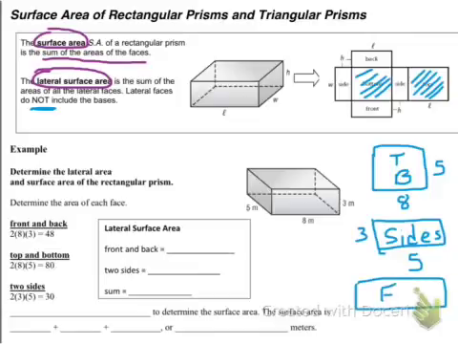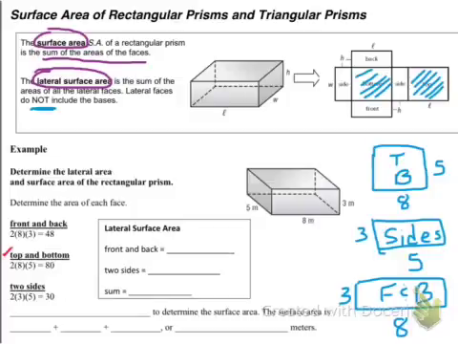And we also have a front and back that are both 8 by 3. So we can look at it that way, and then just remember that you have two of each of those. As far as the top and bottom go, those are 5 by 8s, but there are two of those.